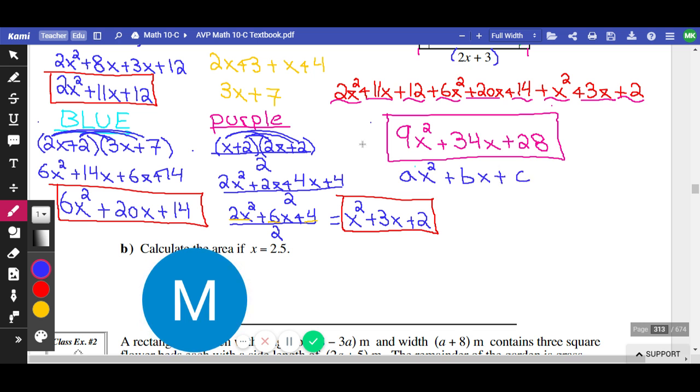So in our case, we have 9x squared. They had ax squared, so a equals 9. They said you'd have plus bx, we have plus 34x, that means 34 is b. Then they have plus c, where we have plus 28, that means c is 28. So you can match them up with each other to see which letter's which.